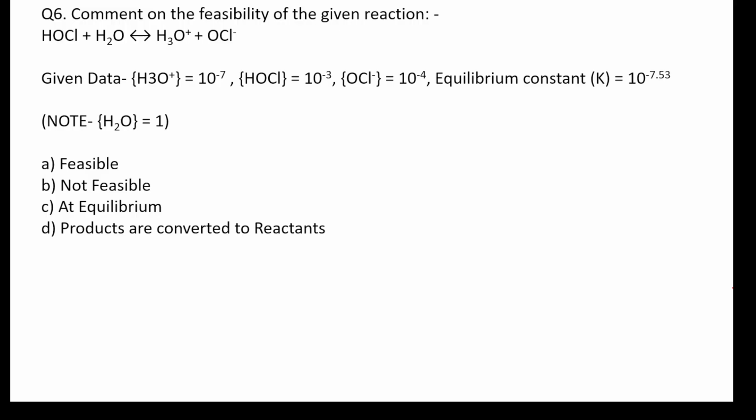If products are converted to reactant, it means not feasible. Okay, so let me know which of them is correct. We have the equilibrium constant, you can calculate the reaction quotient. Based on that, you can say if the reaction is feasible or not feasible or at equilibrium.